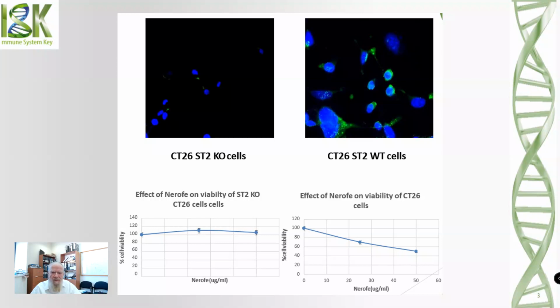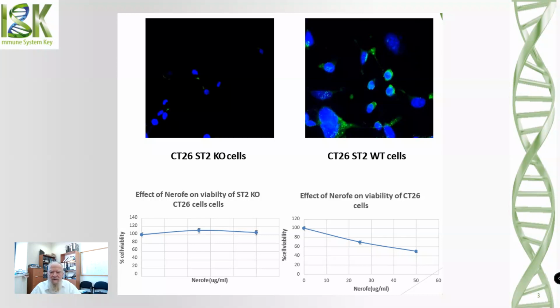Later on, when the human parallel was discovered, they named it ST2. So the human ST2 has at least 3 splice forms. 2 of them are expressed over the cell membrane, and 1 of them is overexpressed in the Golgi apparatus.